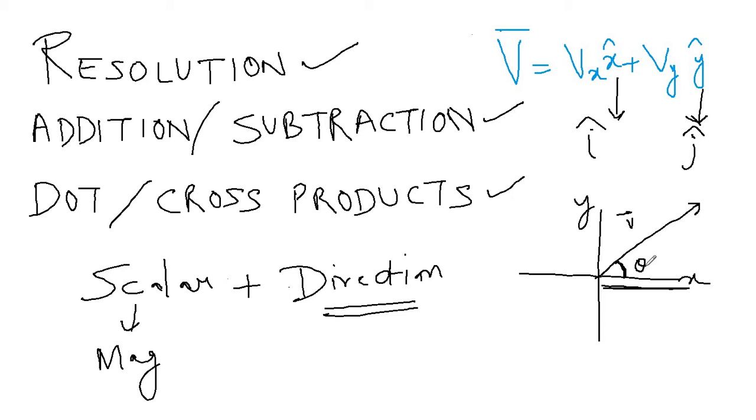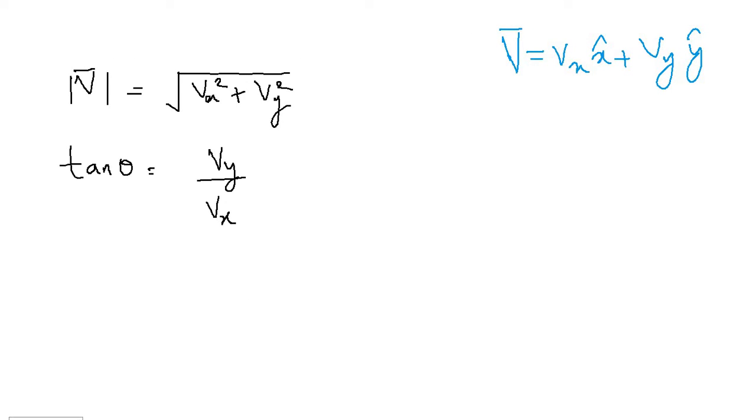Suppose we do not know the value of theta and we do not know the magnitude of this vector, then it is possible to find those out once we have these individual components vx and vy. To do that, we can use very simple mathematics.